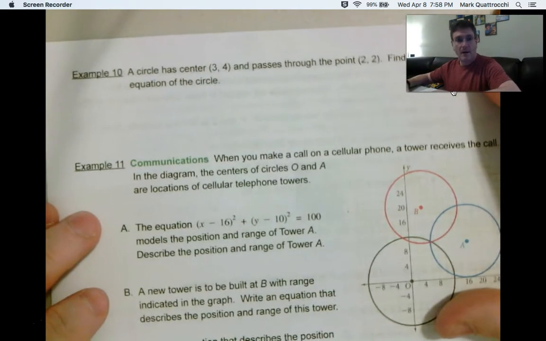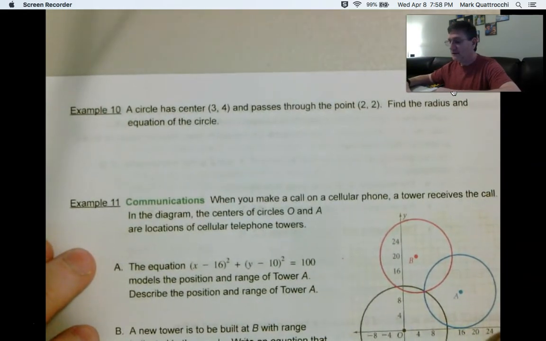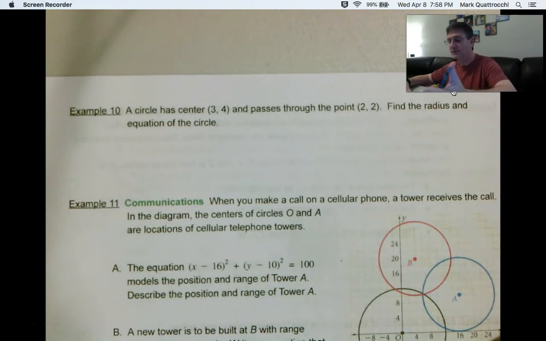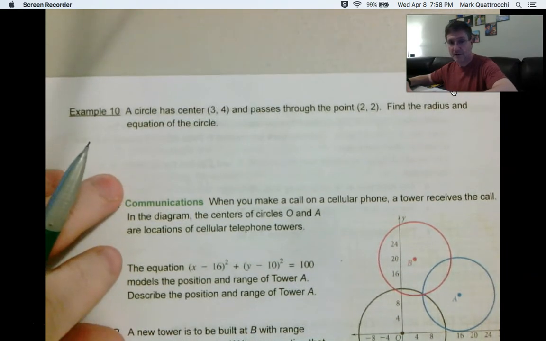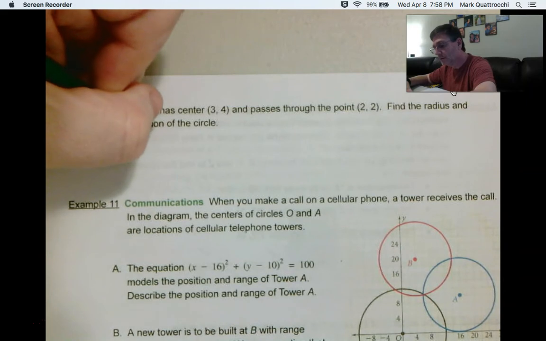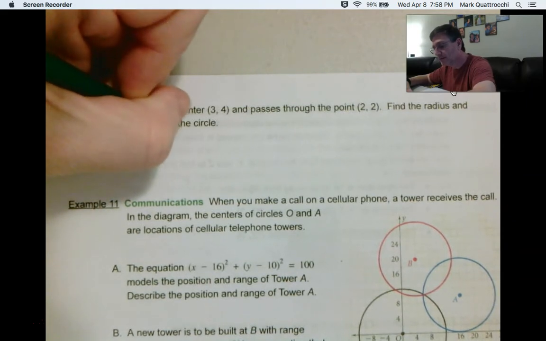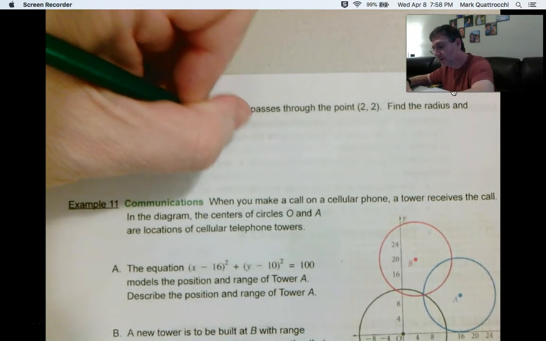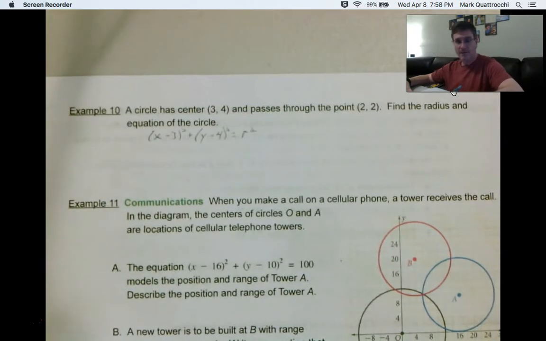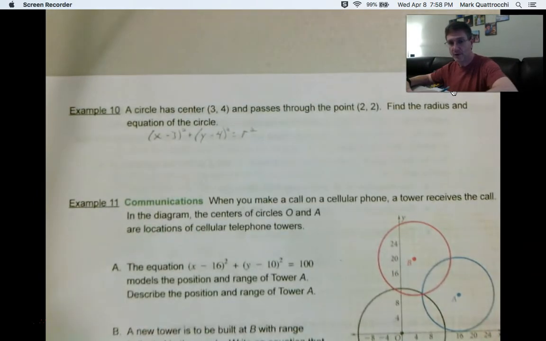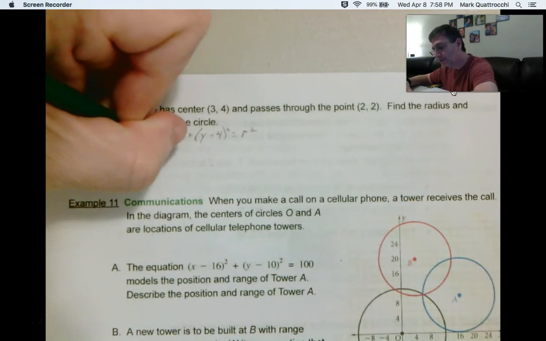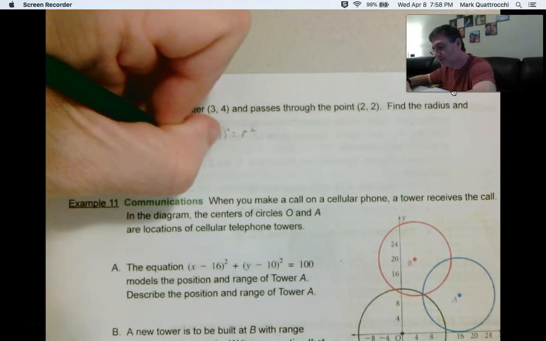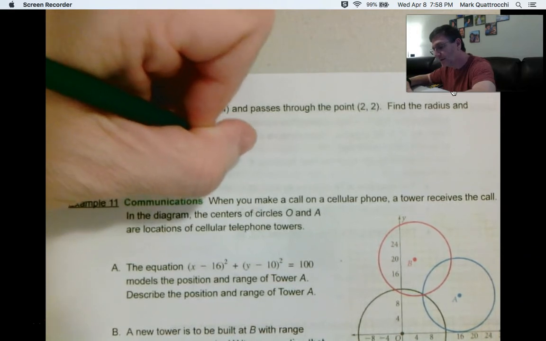Example 10. A circle has a center 3, 4, passes through the point 2, 2. Find the radius and equation of the circle. So let's start off by finding the equation. X minus 3 squared plus y minus 4 squared equals r squared. To find what r is, we're going to use the point 2, 2. 2 minus 3 squared plus 2 minus 4 squared equals r squared.